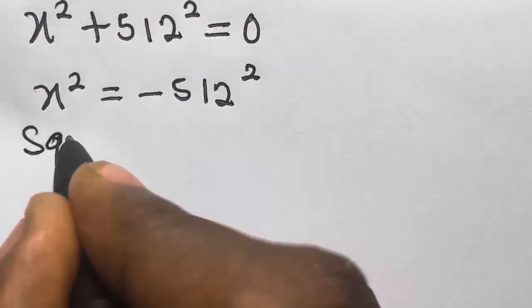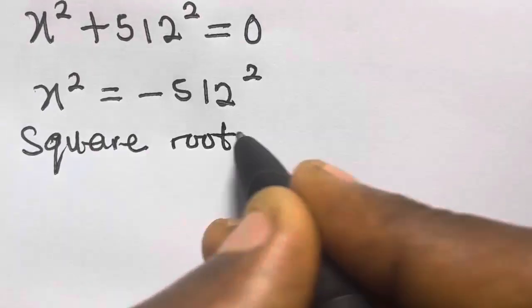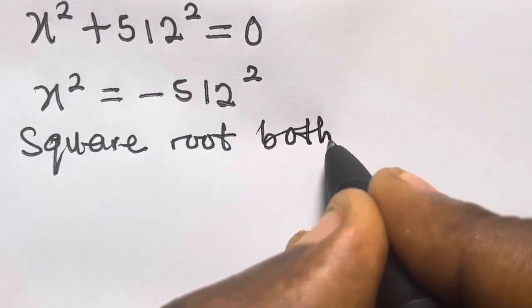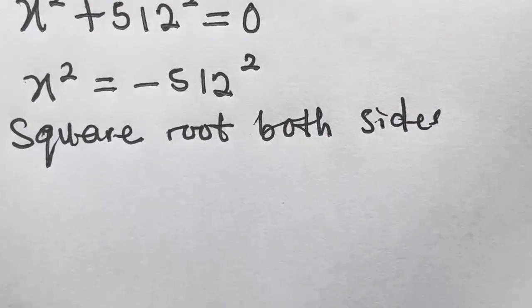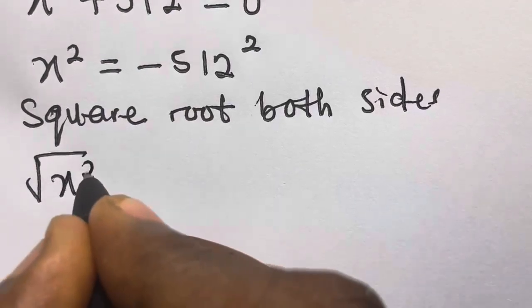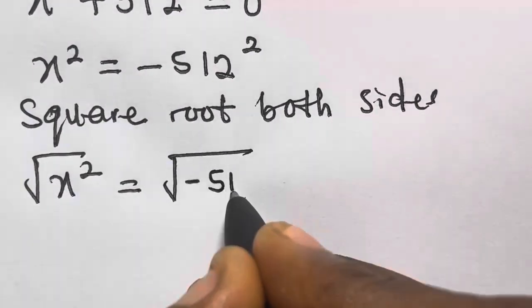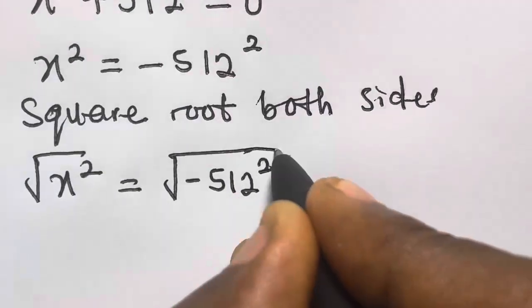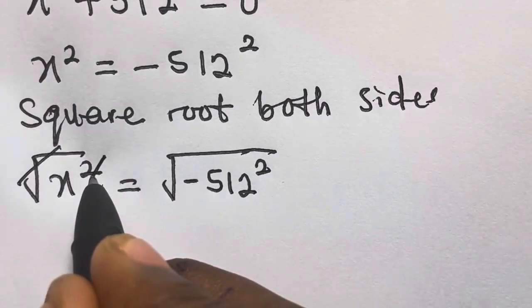Square root both sides. And if we do, we are going to have square root of x squared equals square root of minus 512 squared. Here you observe that we cancel this, right?